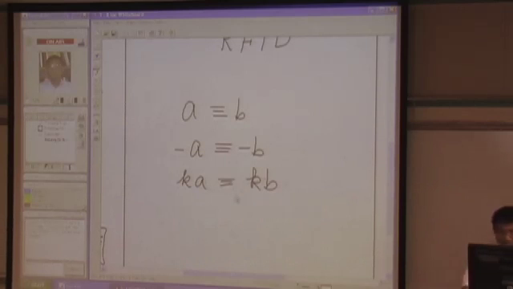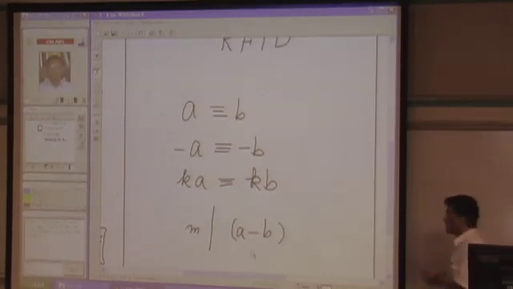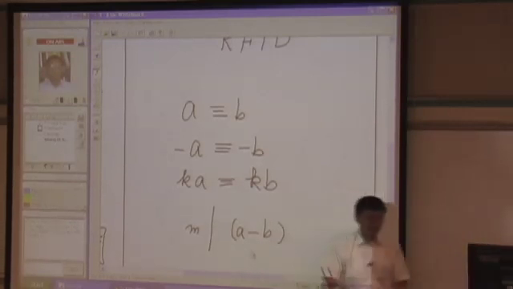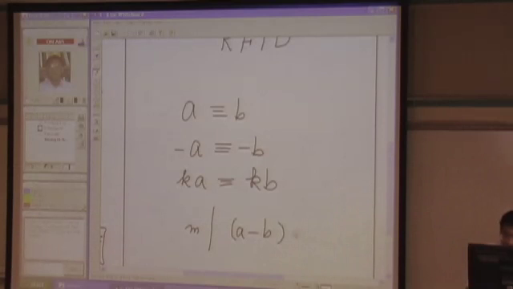And if you are asked to show that M divides something, for instance A minus B, then this is equivalent to saying what? This is equivalent to saying A and B are congruent mod M, right? Mod M. Do you get it?